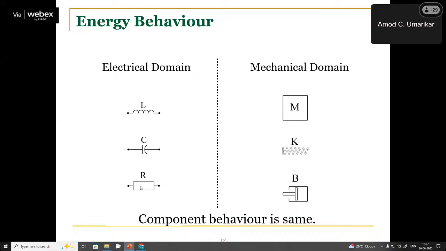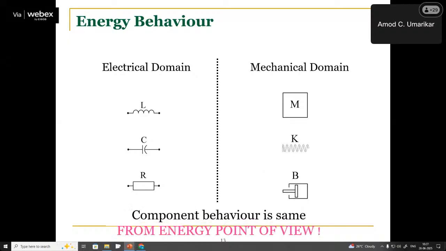Similarly, damper in the mechanical domain and resistor in the electrical domain. The resistor is a representation of loss, and the damper is also a representation of loss. These are the friction or loss. In general, it is energy loss. So we can say that the mechanical component behavior is the same from the energy point of view.